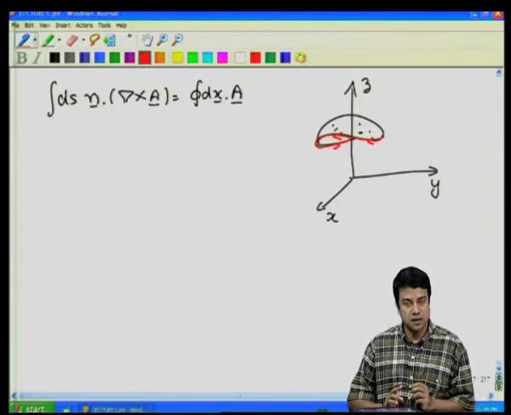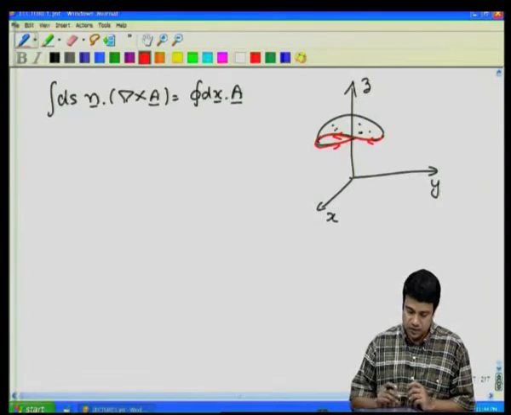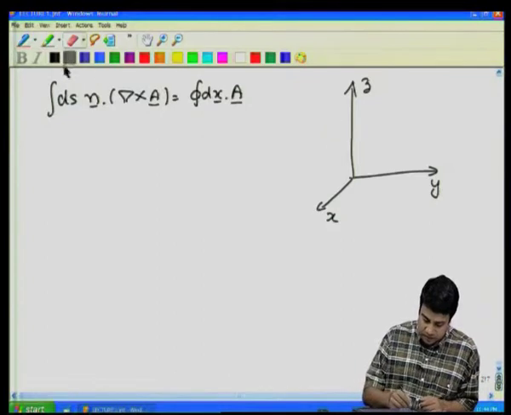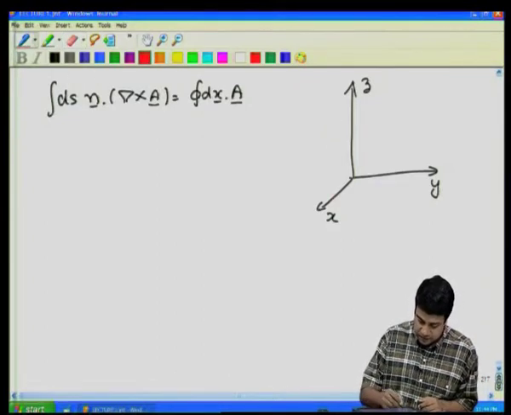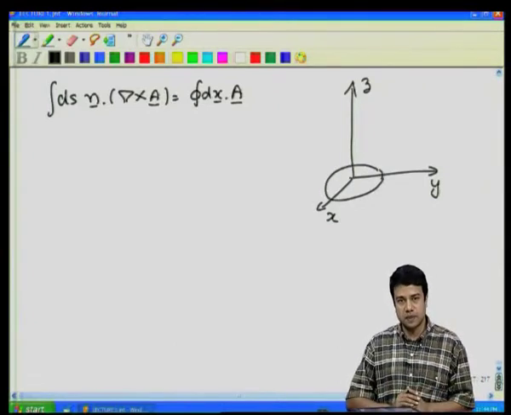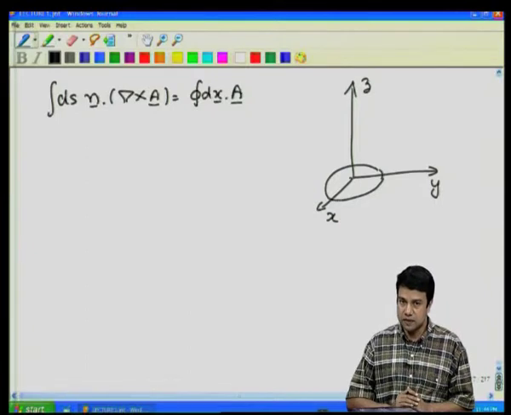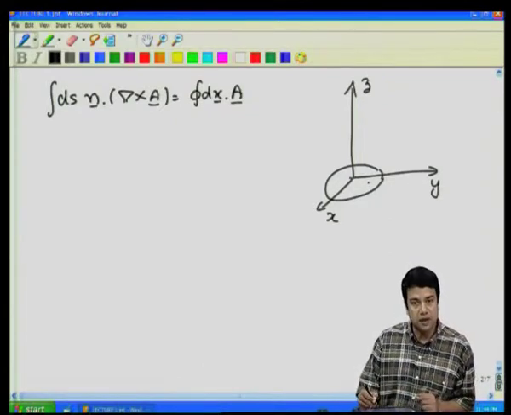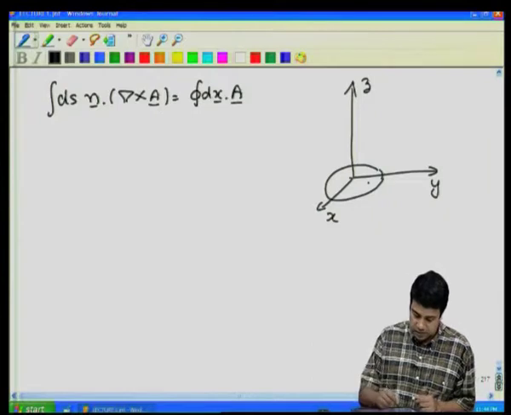Consider that we are now considering a two-dimensional system, so that the surface is now in the xy plane. So, that is our two-dimensional flow. The surface itself is in the xy plane. The unit normal to the surface is in the z direction, and my contour goes in the anticlockwise direction in the xy plane.